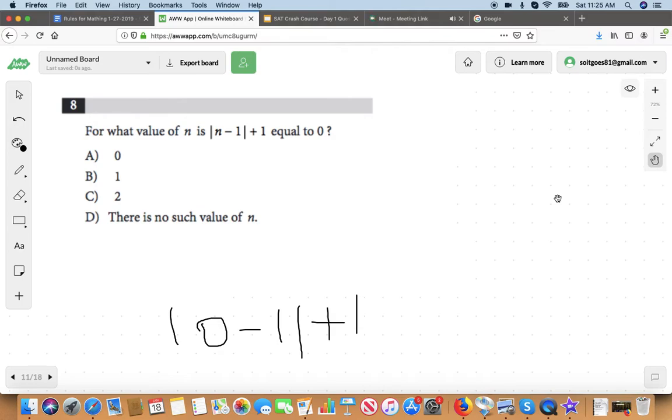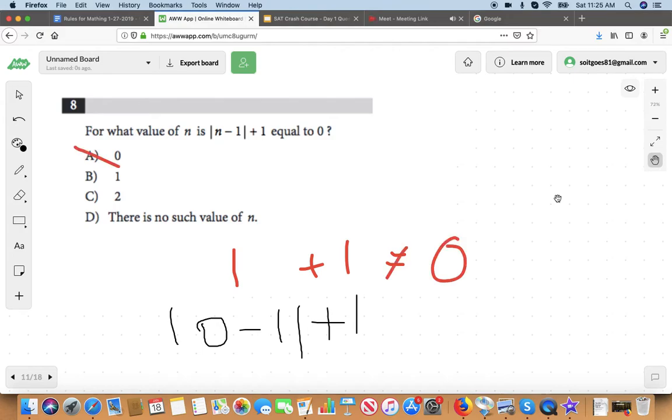It would be 0 minus 1, but since it's in the absolute value, it wouldn't be negative 1. It would just be 1. So 1, and then added to 1 is 2. Does that equal 0? No. So answer A is gone.